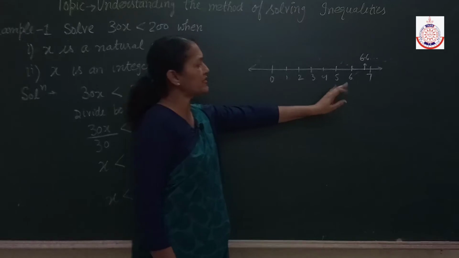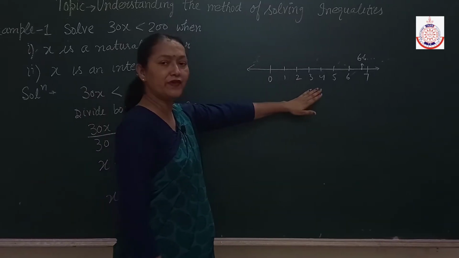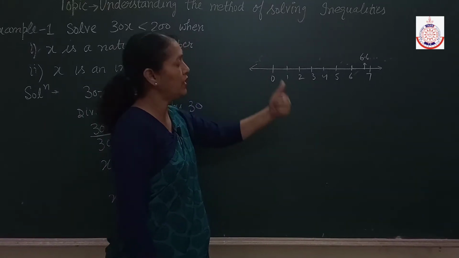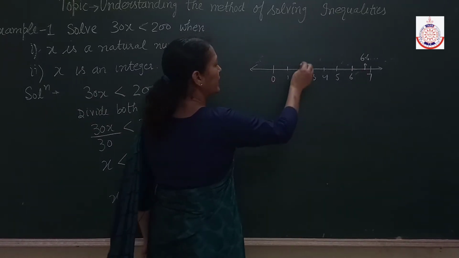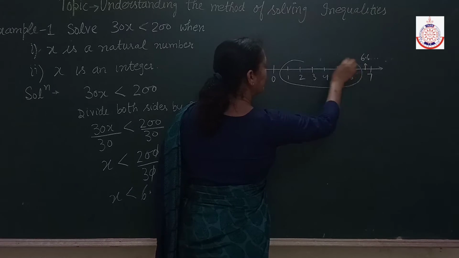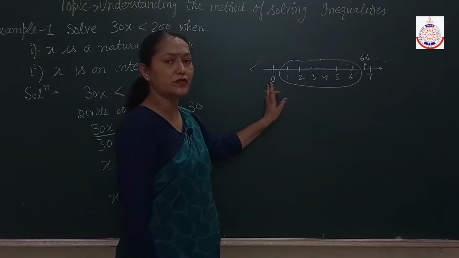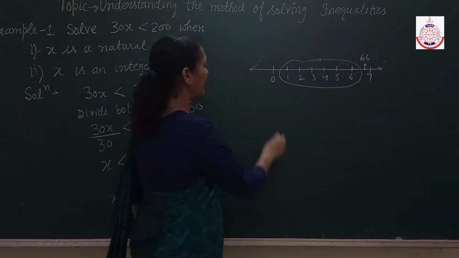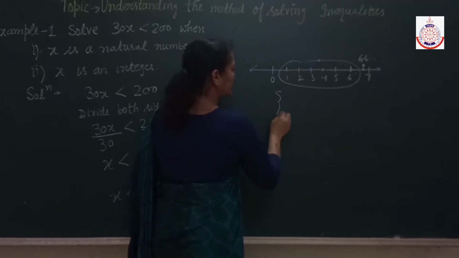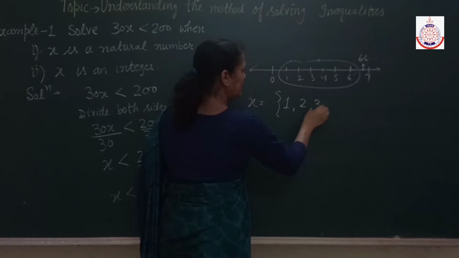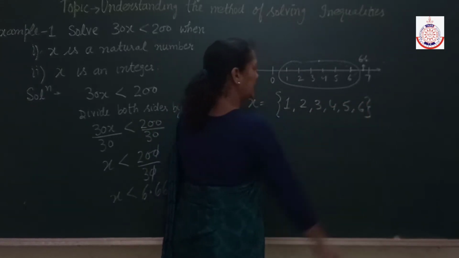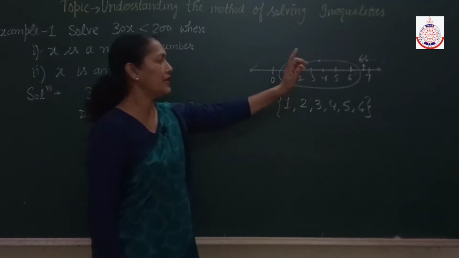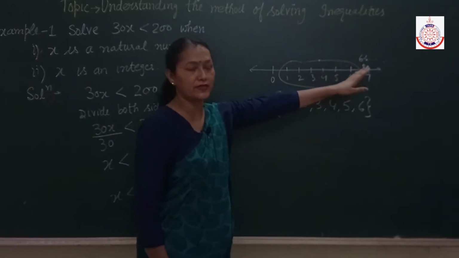We have to select our x in such a way that it is a natural number. Natural numbers less than 6.6 will cover these numbers. Will not be including 0 because 0 is a whole number. So x can have these values. These are the natural numbers less than 6.6 and so on.